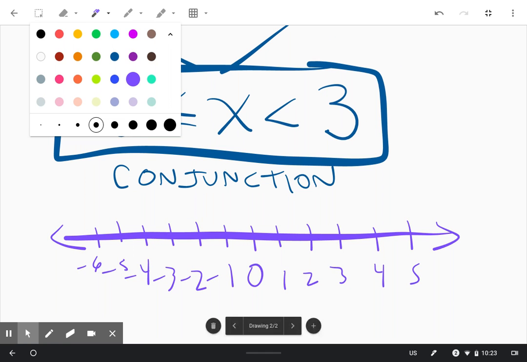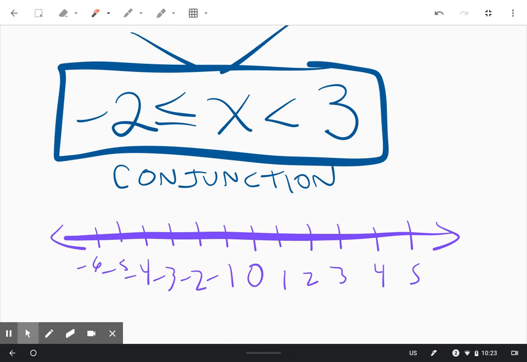So if I graph this, I'm going to find that we have negative 2 is going to have a closed circle because x is greater than or equal to that, but it's less than 3. So what ends up happening is those two graphs end up kind of joining together and showing that x actually appears in between those two numbers. And so that's what we call a conjunction.